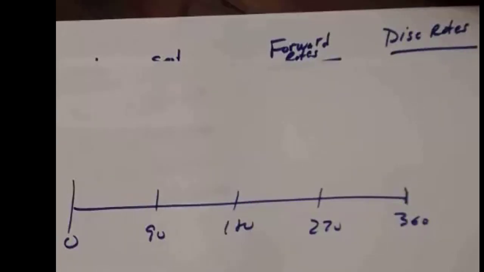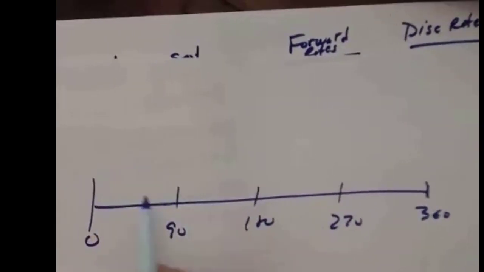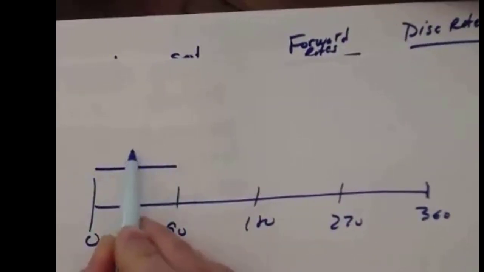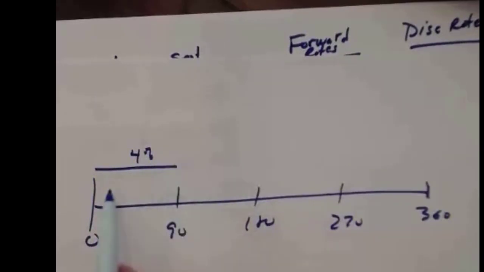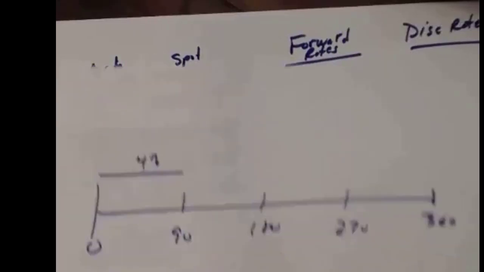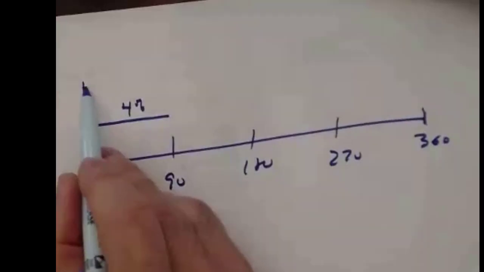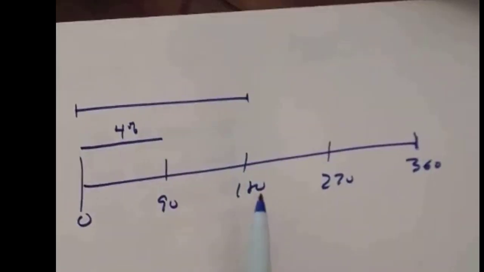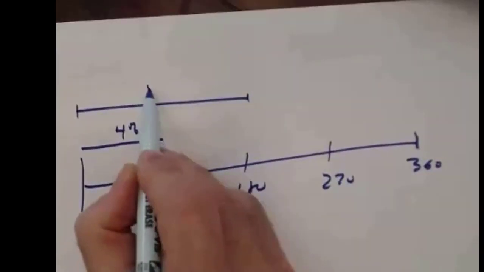Just as background. Now, according to the information here, the first spot rate is 4%. Okay, that covers the first 90 days, right? See, 4%, 90 days. And the spot rate here for 180 days was 4.25%.